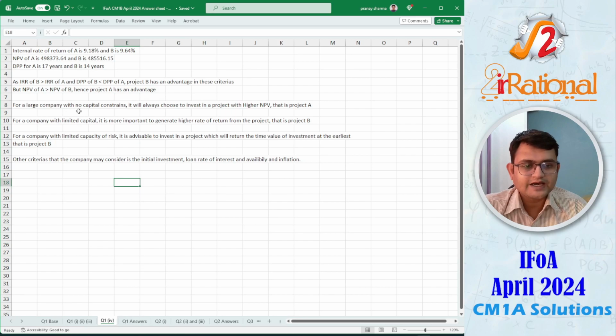We'll say for a large company with no capital constraints, it will always choose to invest in the project with higher NPV, that is project A. For a company with limited capital, it is more important to generate a higher rate of return for the project, that is project B. For a company with limited capacity for risk, it is advisable to invest in a project which will return the time value of investment at the earliest, that is project B.